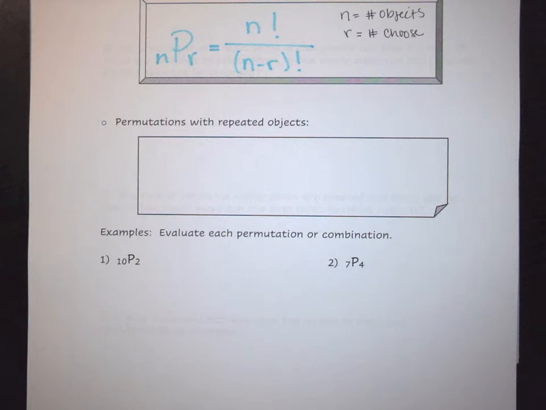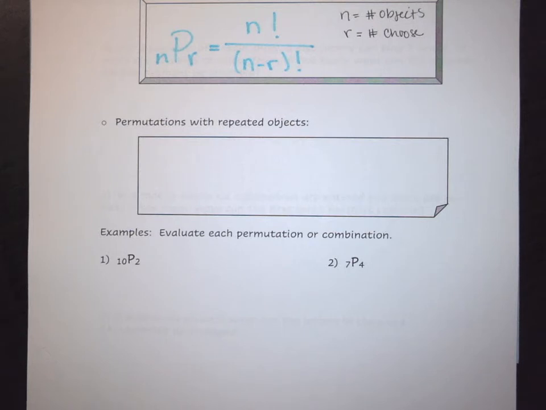But if you were to spell that word out, you would notice that there's quite a few letters that occur more than once. So if I wanted to find the number of ways that I could order those letters out of the word supercalifragilisticexpialidocious, I would have to use what's called permutations with repeated objects.